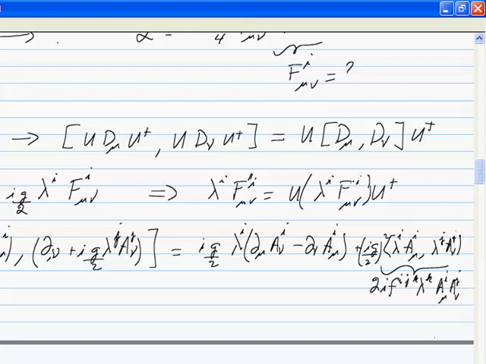Okay, so you see all the terms are proportional to a single lambda matrix, either this one right here or this one here from the commutator. So it does have this form, lambda times something. And we can read out what something is then.